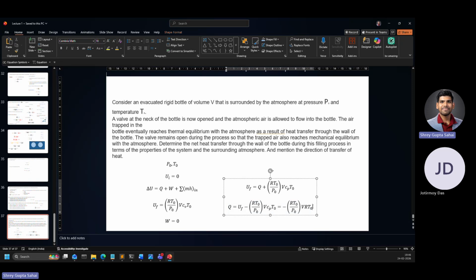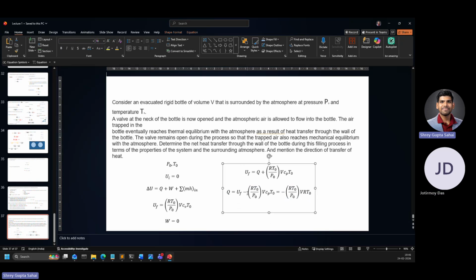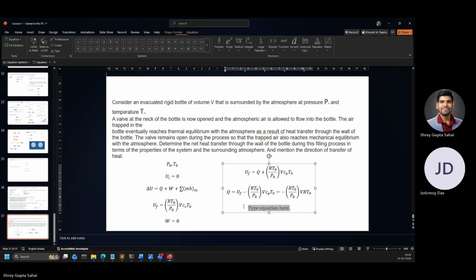Now another important thing is the ideal gas equation that we have not used yet. What is the ideal gas equation? P naught V equals R T naught. Do you agree with this?